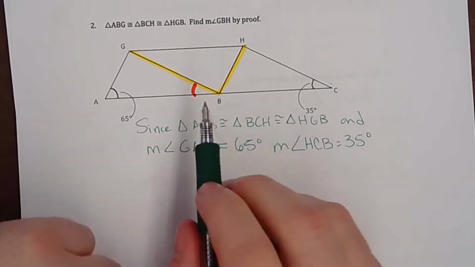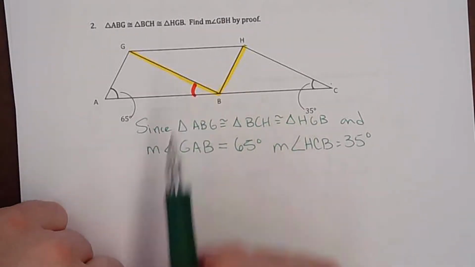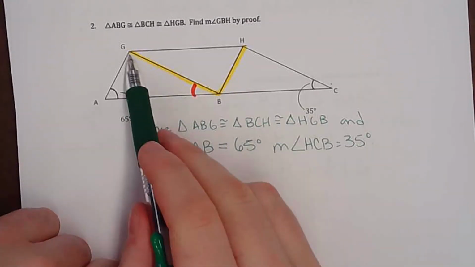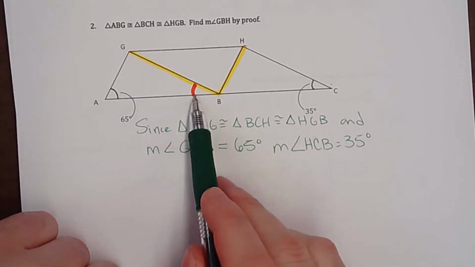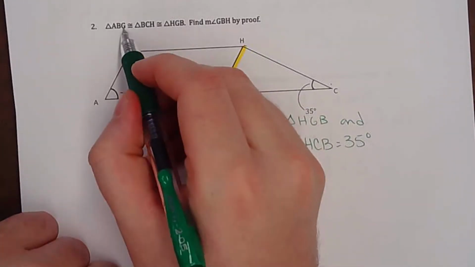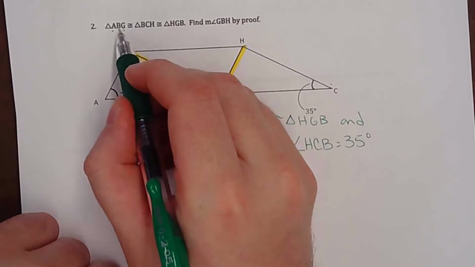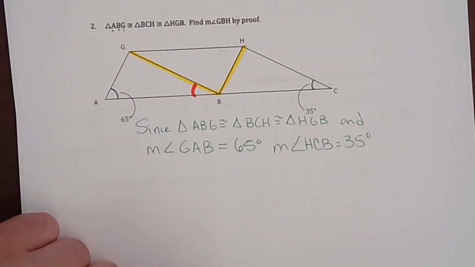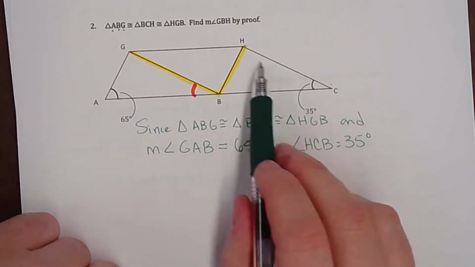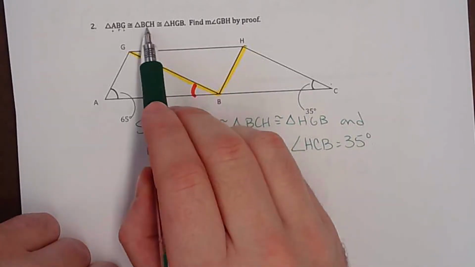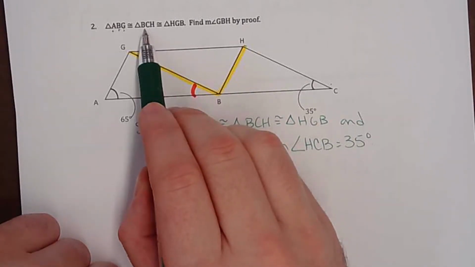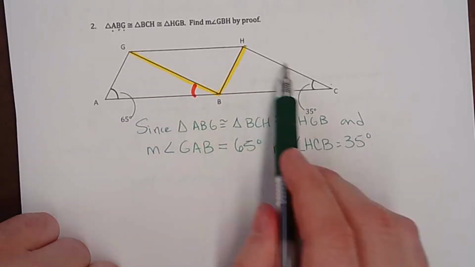Well, I'm going to use CCP to prove what that angle is. So this angle is angle GBA, right? That orange angle. So GBA, that's last, middle, first, right? So let's look over here. HCB. HCB is also last, middle, first. So by CCP, those angles must be the same.